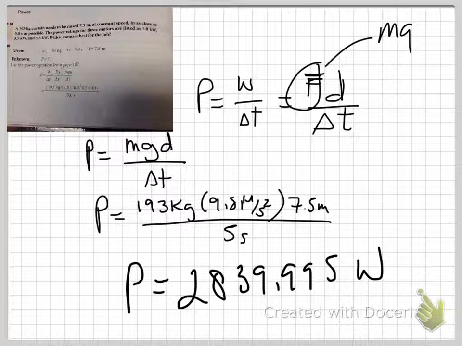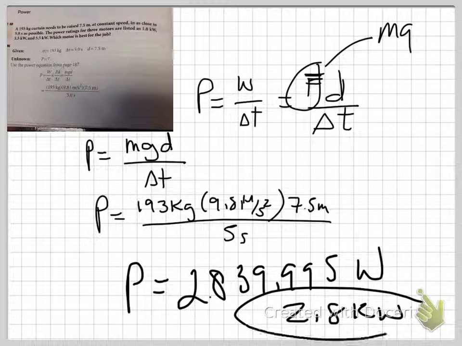The 1 is going to be way too slow. The 5.5 kilowatt motor may jerk the curtain up, and you can actually have a screen or a curtain tangle if you lift it too fast. So you'd want the 3.5. It might go a little bit faster than the 5 seconds that you're aiming for, but it's the best bet. So yeah, you need 2.8 kilowatts of power just to raise that curtain.